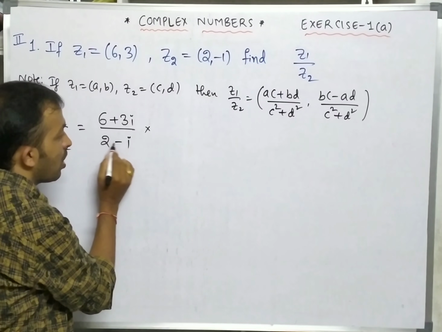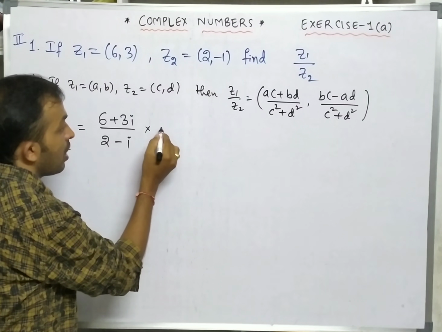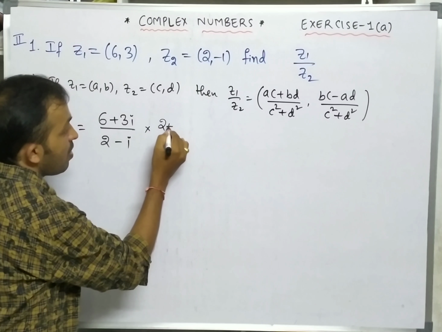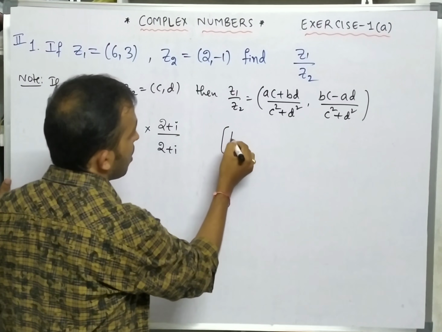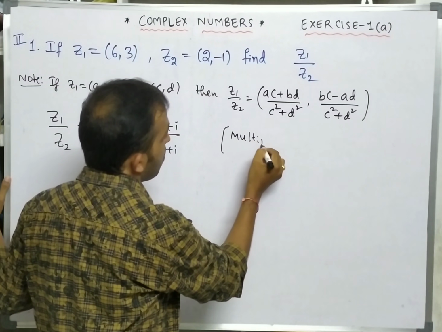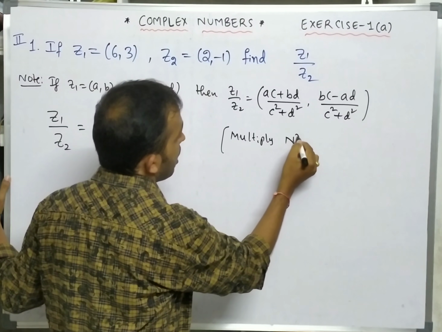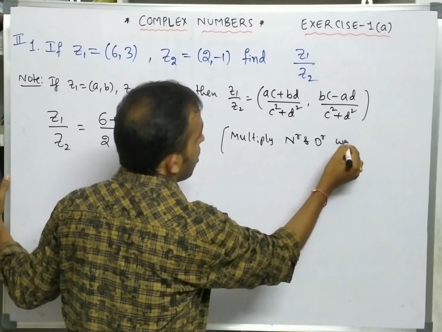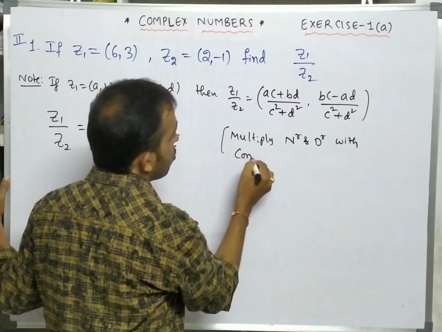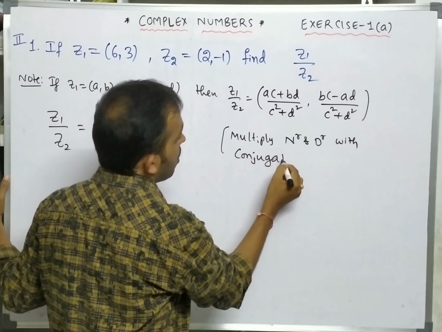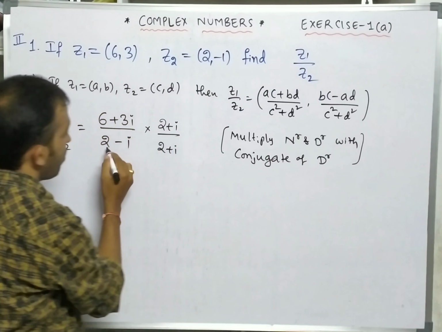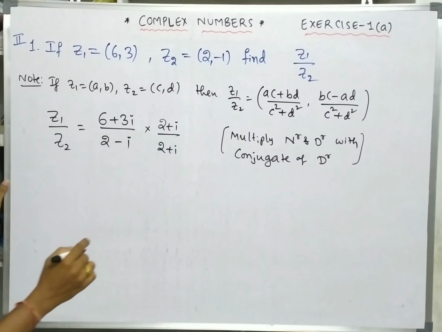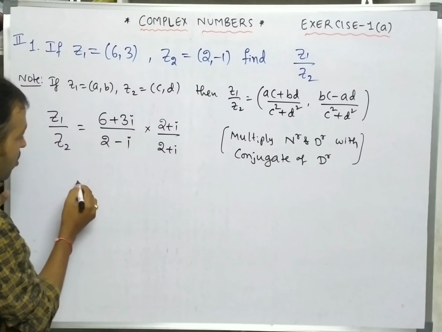Conjugate of 2 minus I is 2 plus I. So multiply numerator and denominator with the conjugate of denominator. Okay, so conjugate of 2 minus I is 2 plus I. So multiply numerator and denominator.